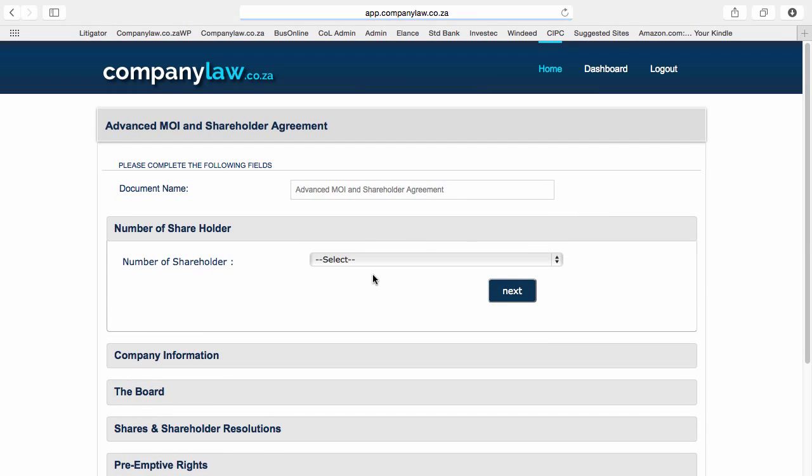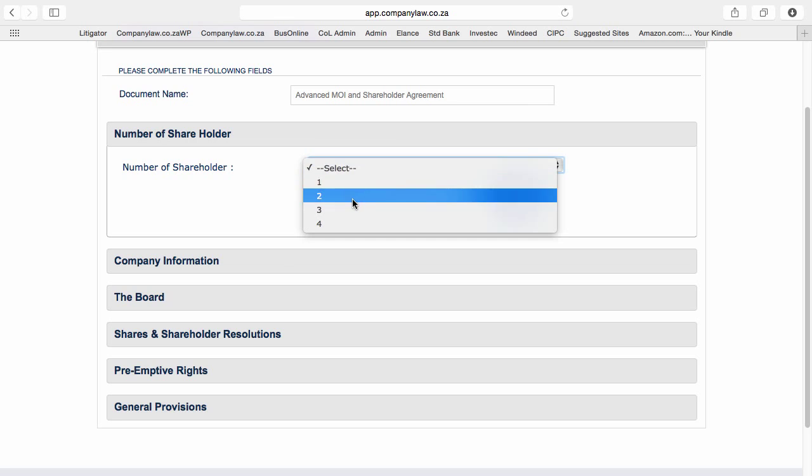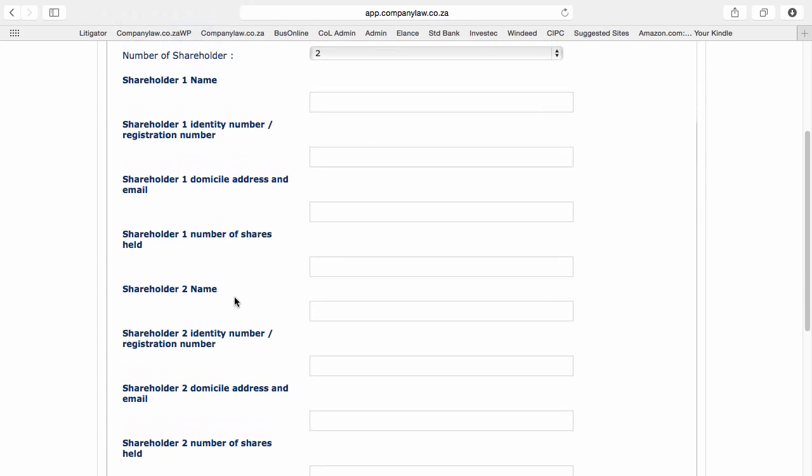Start by selecting the correct product, then the number of shareholders. Insert the names of the shareholders and their ID numbers.